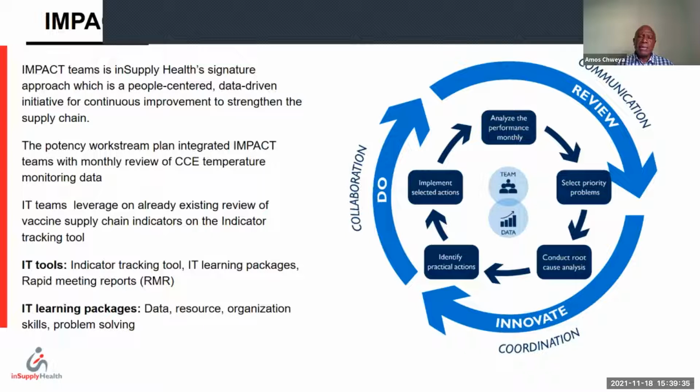At the meeting, you look through it, you see which are the areas causing problems. You dig in and find out which equipment, which region, which sub-county, which facility is causing problems. Then you are able to send your technician to those areas and try to repair the equipment or see what is causing those problems that are being shown on the dashboards. Next.